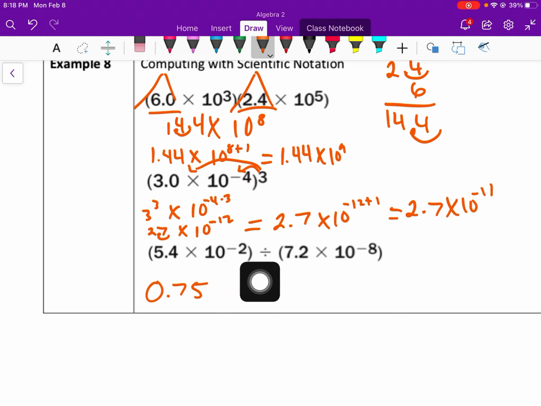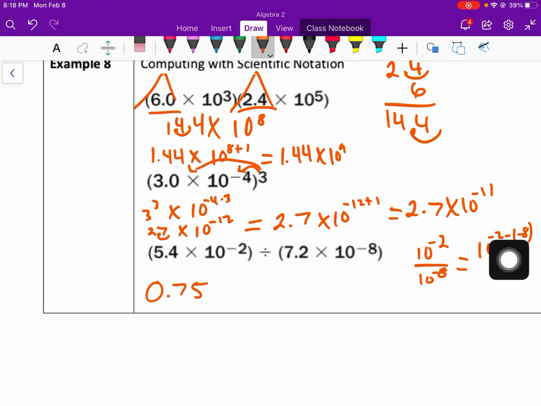And then, since we will have a product over a product, it'd be 10 to the negative 2 over 10 to the negative 8. We then subtract those, so 10 to the negative 2 minus a negative 8. So that's the same as negative 2 plus 8. So that equals 10 to the 6th. So now we have this times 10 to the 6th.